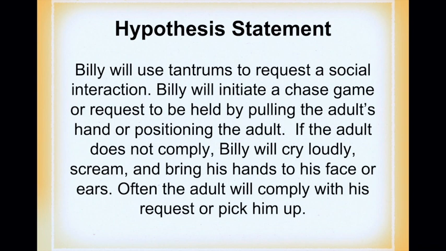If the adult does not comply, Billy will cry loudly, scream, and bring his hands to his face or ears. Often the adult will comply with his request or pick him up. So you'll see that this hypothesis statement still contains all of the elements. It has a trigger, a challenging behavior, maintaining consequences, and it gives us an interpretation of the purpose or function of Billy's behavior.